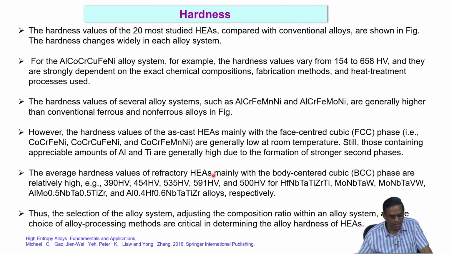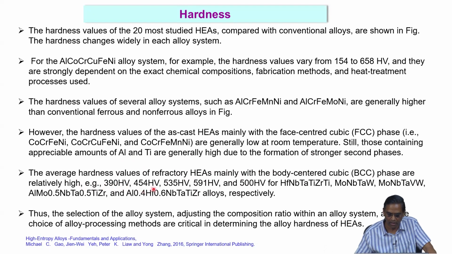Another important class is refractory high entropy alloys, which we will also talk about tomorrow in the context of high temperature properties. It is a new class of high entropy alloys, mainly body centered cubic phase, and the hardness of this phase is relatively high.